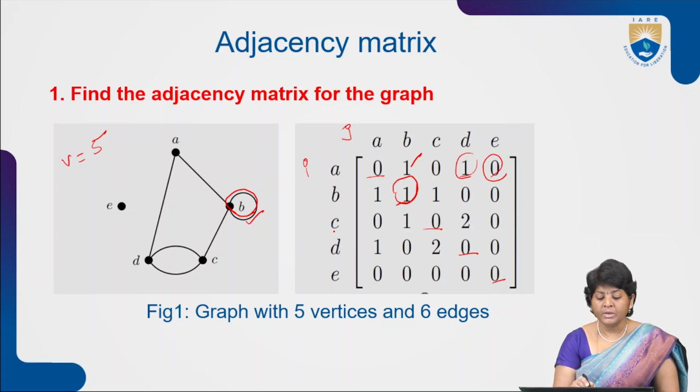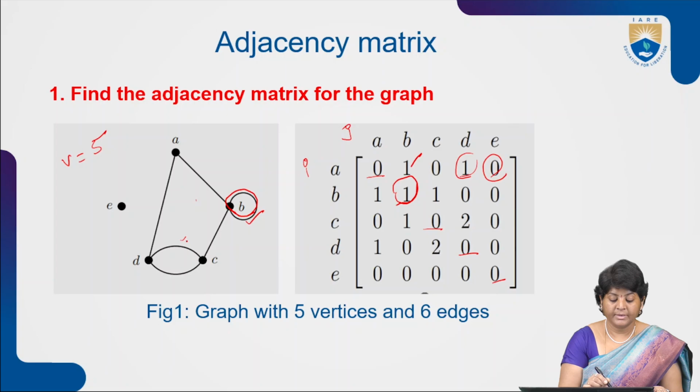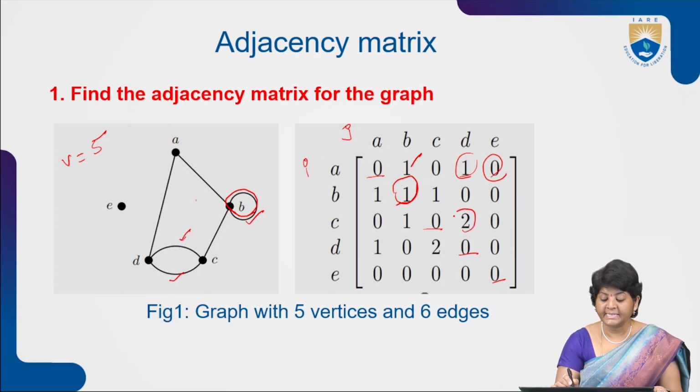Now coming to vertex C. C to A there is no connection. C to B there is a connection. C to D there are 2 edge connections, this is 1 and this is 1. So how do we represent multi-edges? By how many edges are connected.